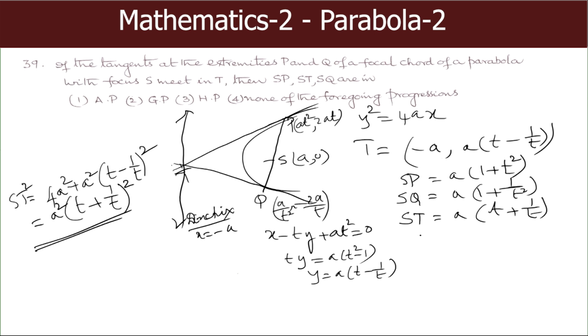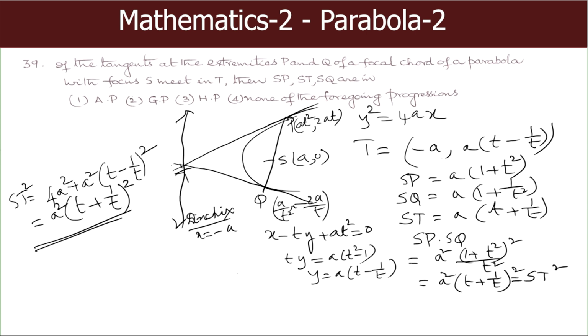Now what is SP into SQ? a square into 1 plus t square whole square by t square, or a square into t plus 1 by t whole square. That is equal to ST square. Follow? I calculated these three.